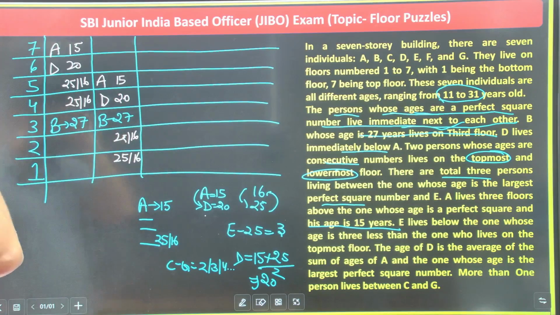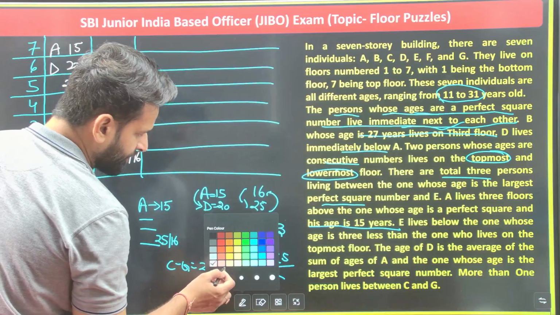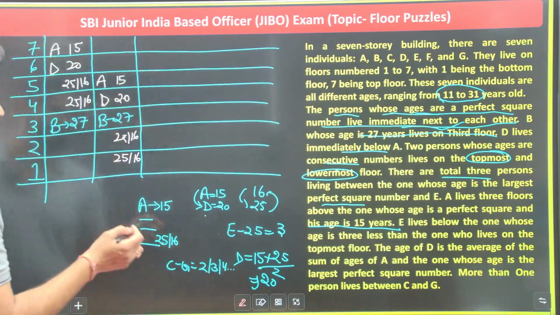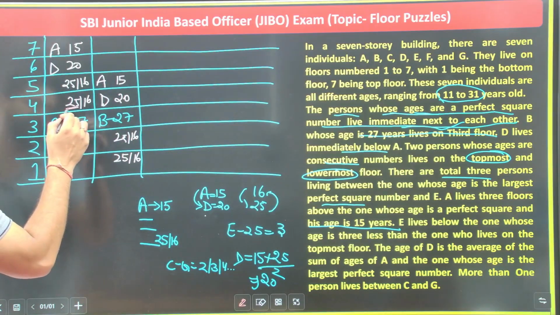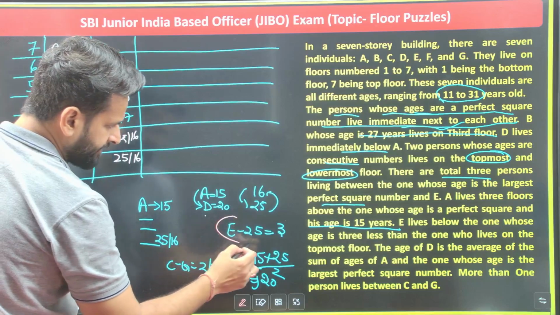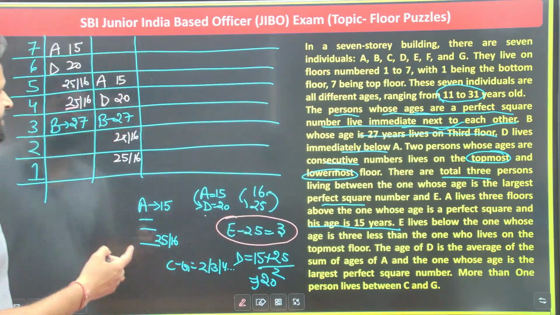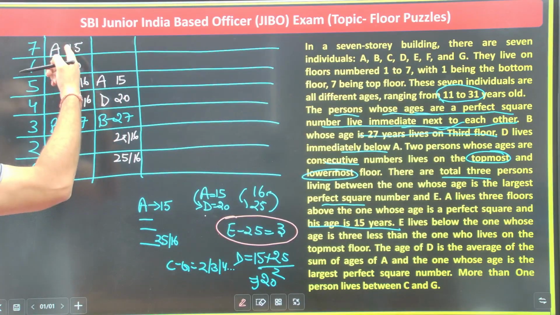Is it okay? Now, A, C and G, E, 25, 3, AD. Let us try to eliminate. How? Let us suppose this is 25. If this is 25, then 3 between E and 25: 25, 1, 2, 3, not possible.